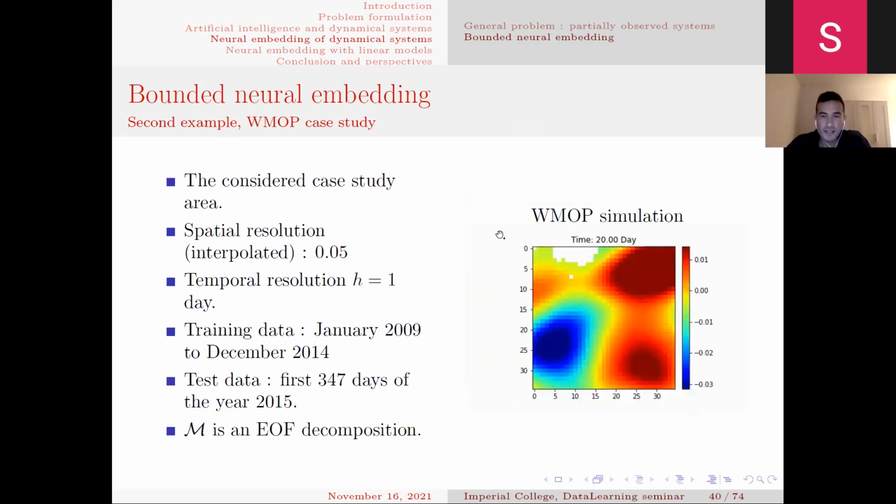The considered case study area was located south of Mallorca. In this area, we filtered the large scale seasonal variability of the sea level anomaly. We divided the data set into training and testing sets, and we reduced the dimensionality of the case study using EOF decomposition.